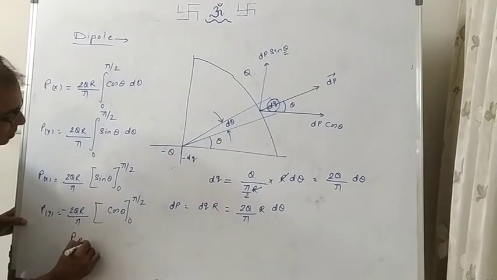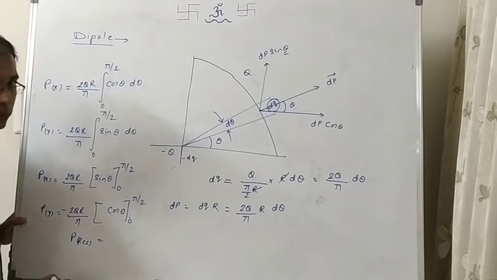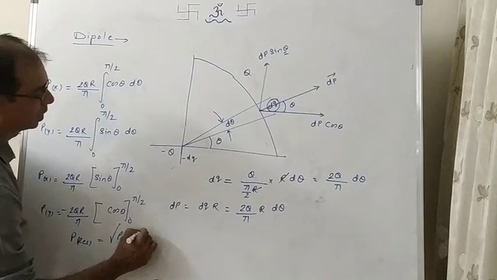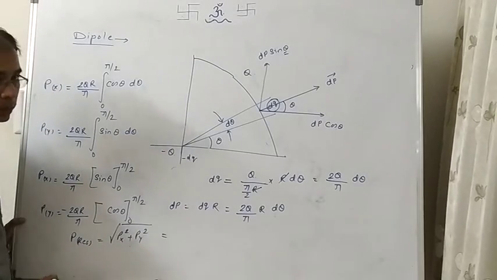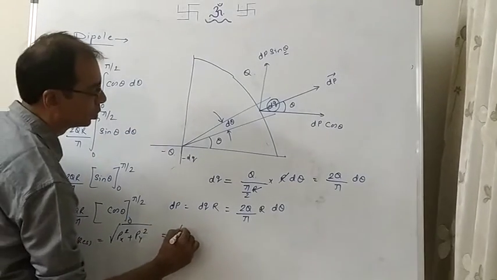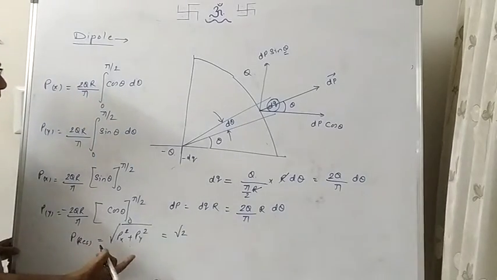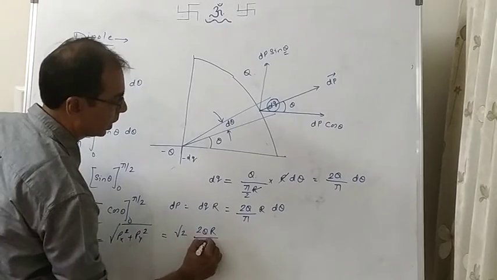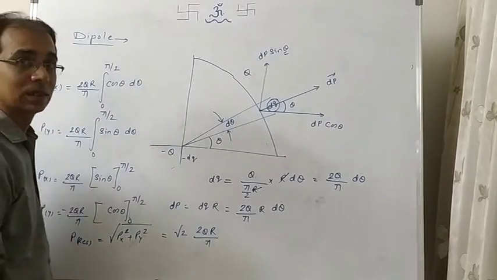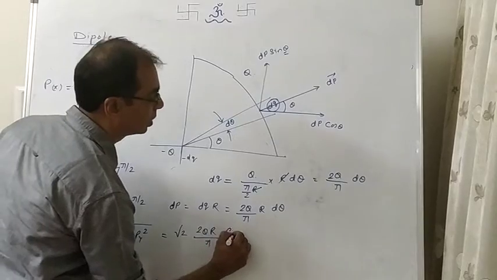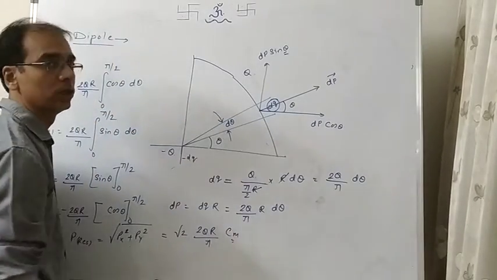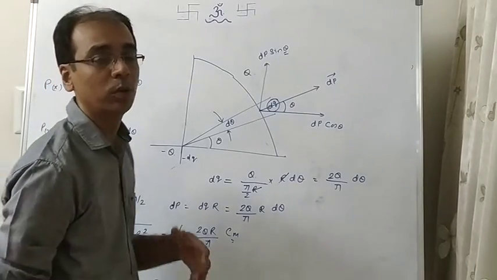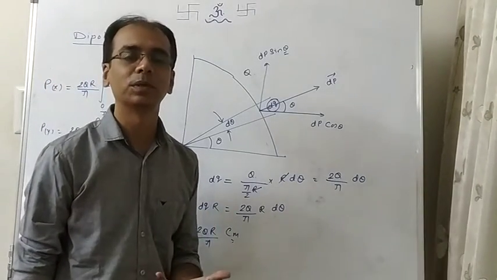P resultant. What it will be? Root over px square plus py square. And since both are equal, we can write this as root 2 px or root 2 py. So root 2 into 2q r by pi. Is it clear? So this will be the answer as far as this dipole is concerned. Okay, do you understand how to calculate the dipole moment of various structures given to us?